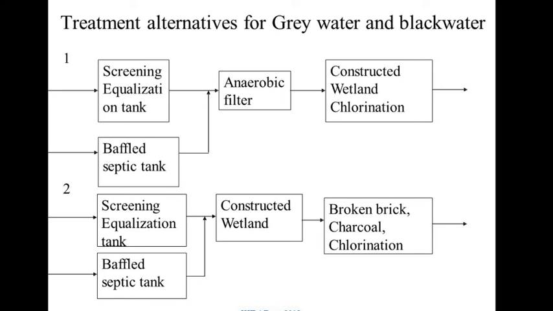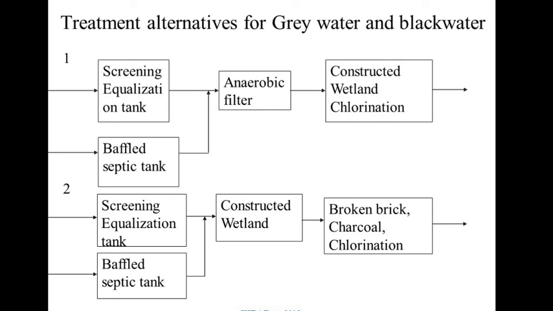Okay, so treatment alternatives for grey water and black water combined, that is domestic wastewater, grey water plus black water. We can use this system for grey water and black water. So screening and equalization tank, plus from the septic tank we can use anaerobic filter, finally constructed wetland and chlorination.